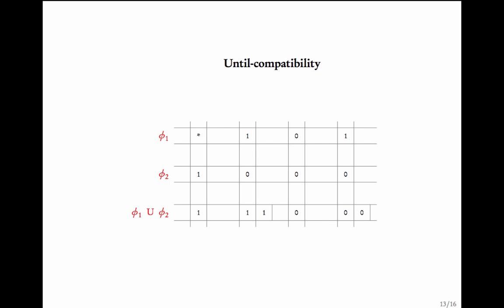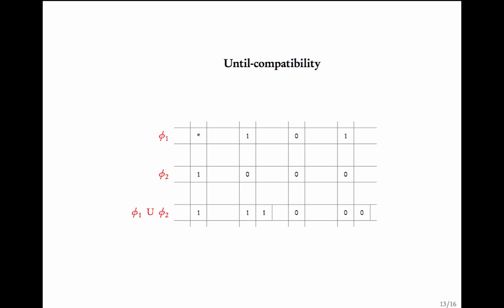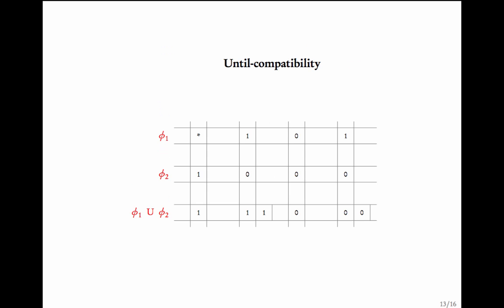Okay. Now, there is one more condition to this until compatibility. This is telling some kind of a local pattern. Let's try to see what happens. This is a possible pattern for until, right? This is possible, 1, 0, 1, 1.